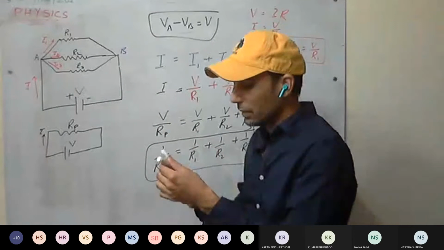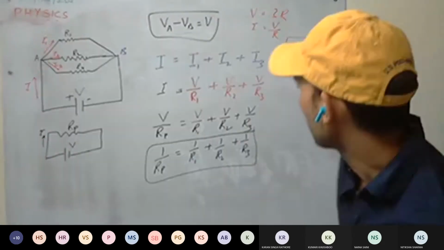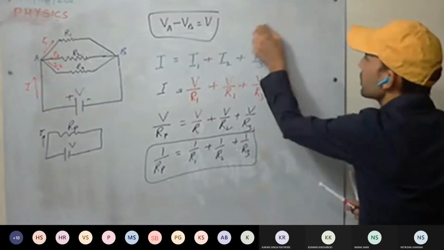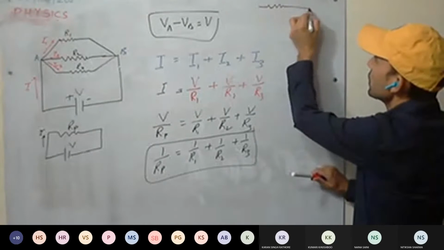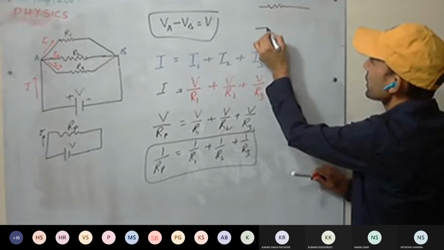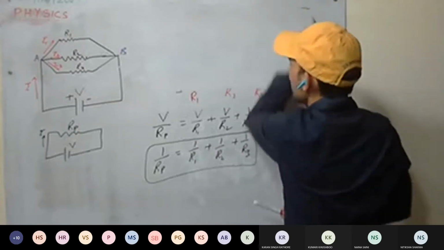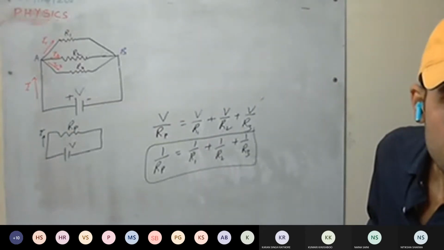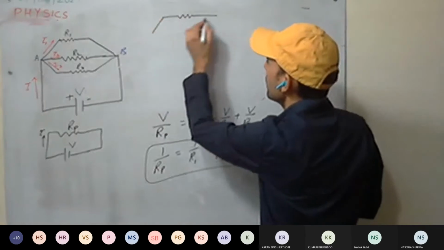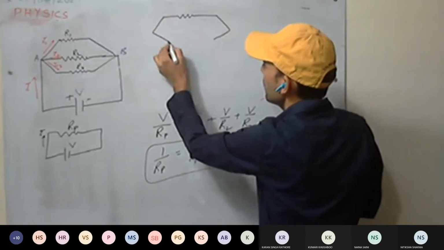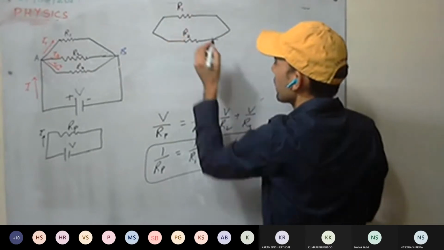For example, with two resistors, I take an example. That will be easy. So here we have connected two resistors in parallel. This is our R1, this is R2.